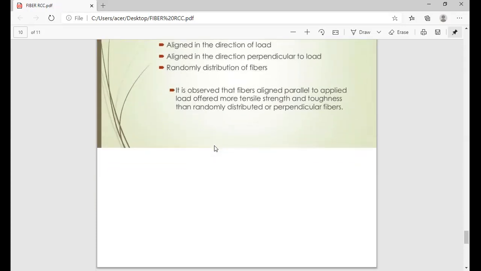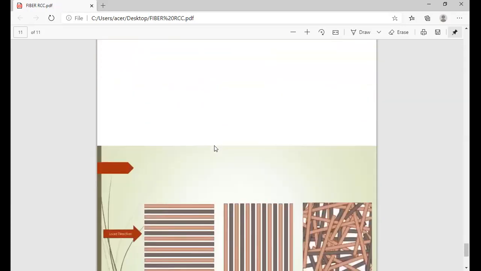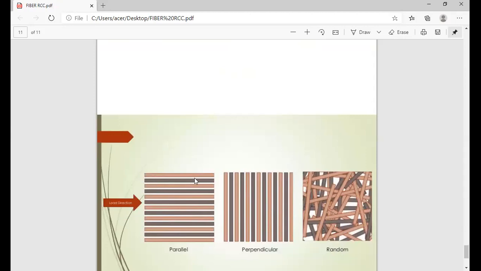You can see here, parallel to the load, these are fibers provided parallel to the load, so this orientation is better as compared to this one, where the orientation is perpendicular to the load, and this is the random orientation.